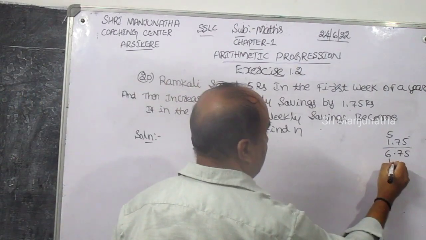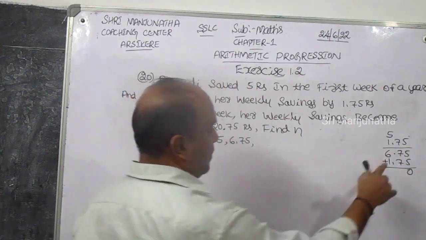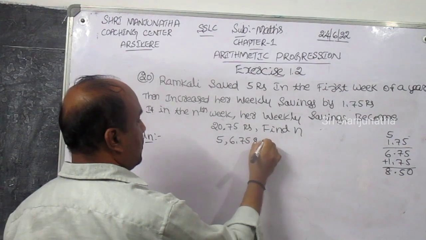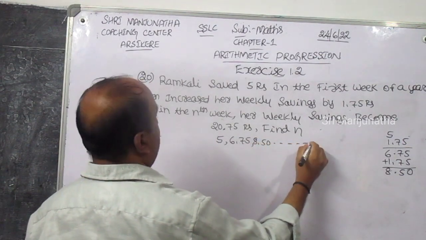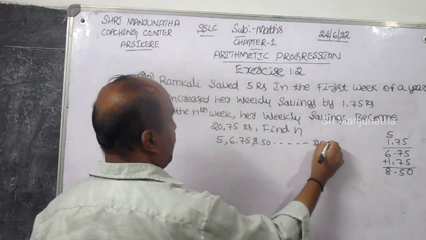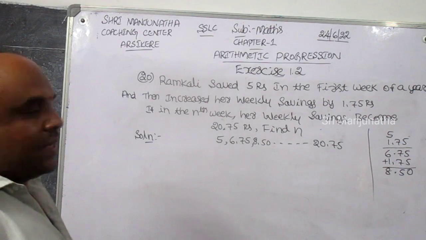Once again add 1.75. 5 plus 5 is 10, 7 plus 7 is 14, 1 carry, 8.50, and so on. Last value is how much? 20.75.